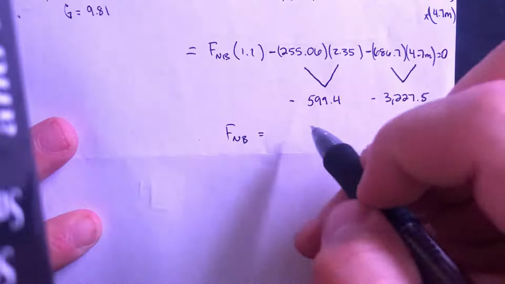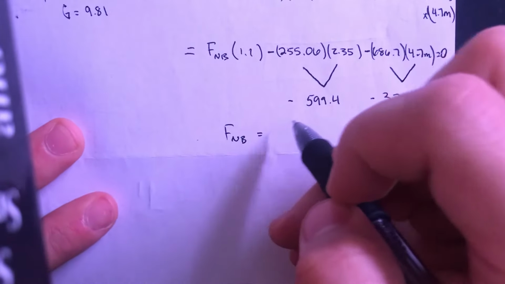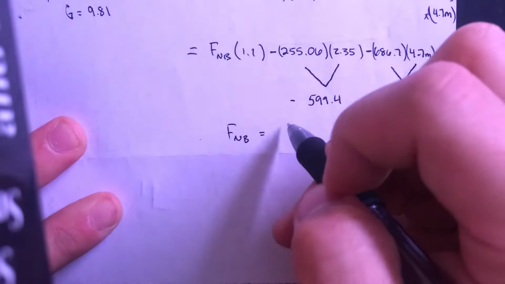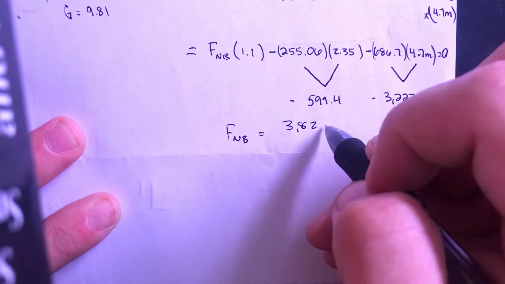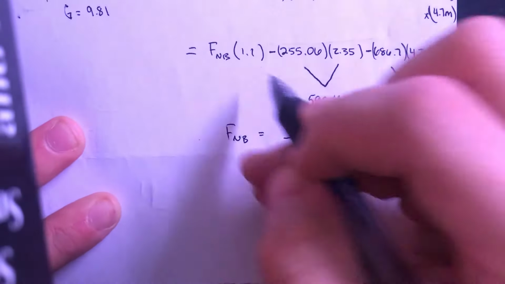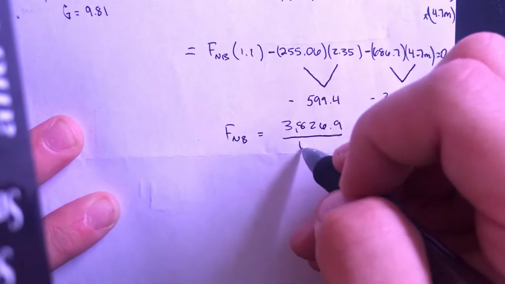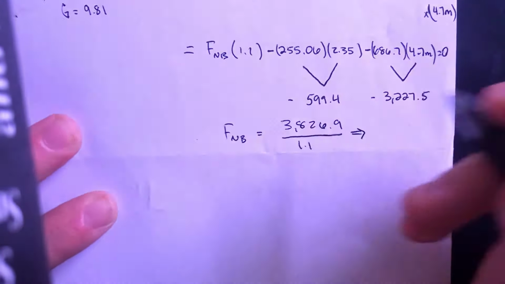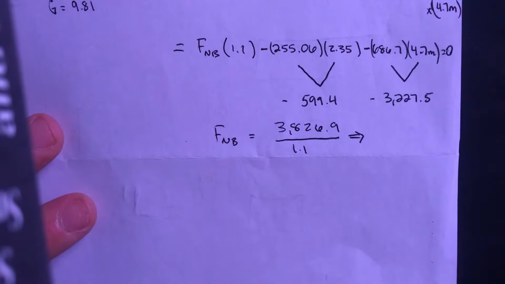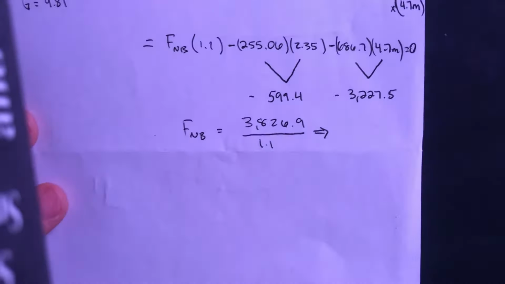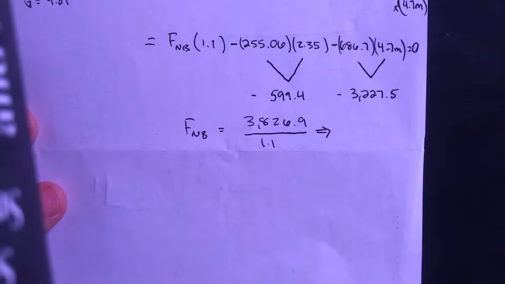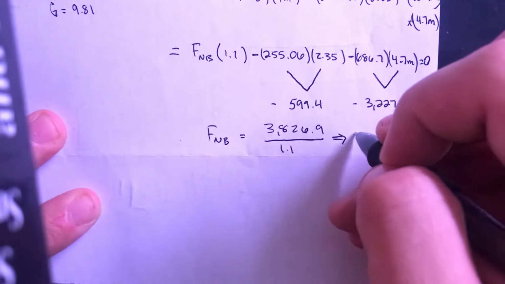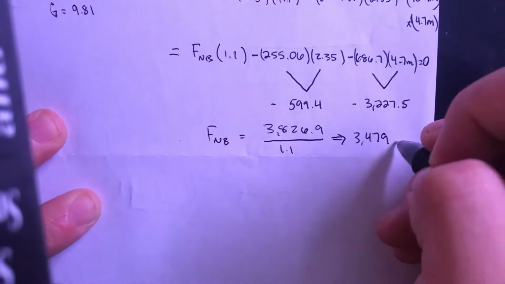So your final equation would be your added values, 3,826.9, divided by your 1.1 when you bring it to the other side, and that will equal your normal force at point B, which is 3,479 newtons.